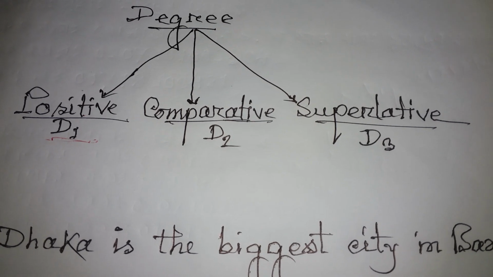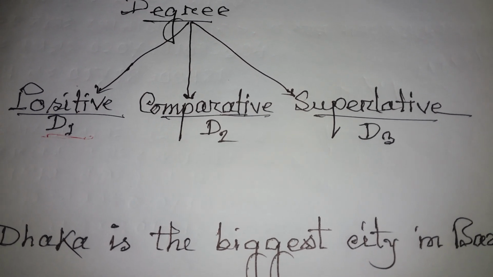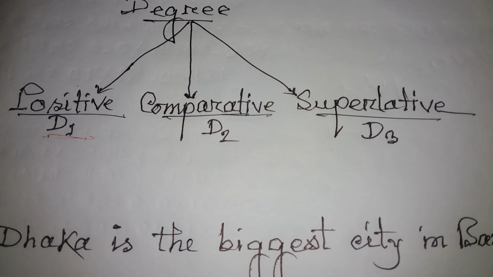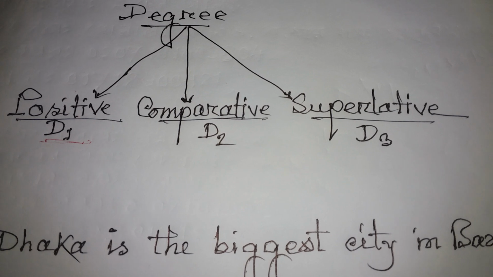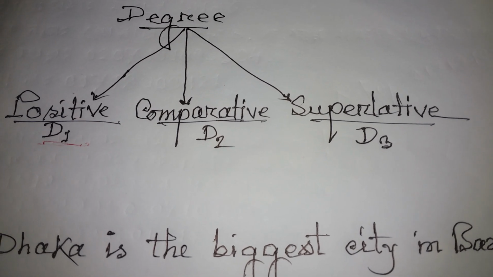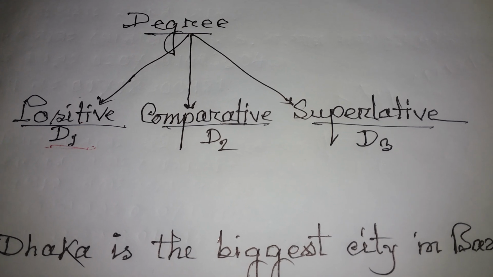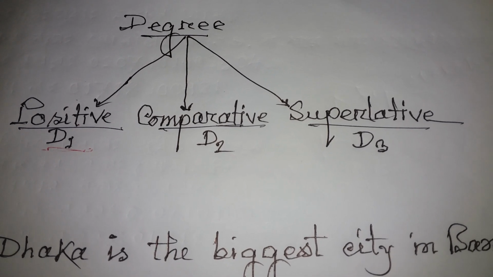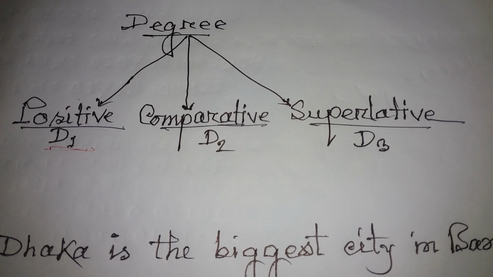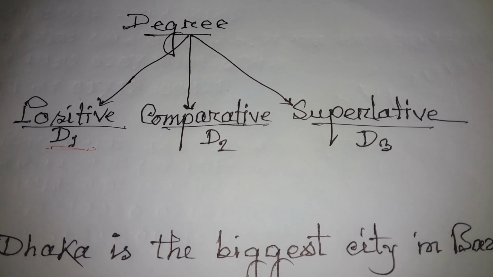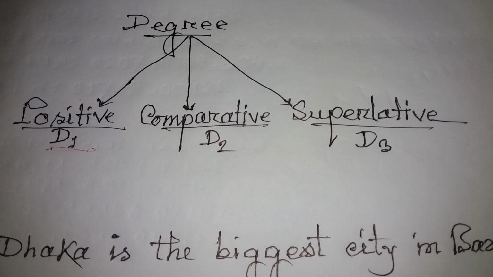We know that a positive degree is a sentence where there is no comparable word. That means positive degree has no comparable word.